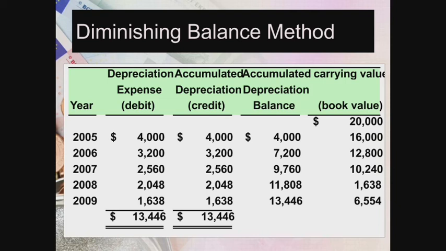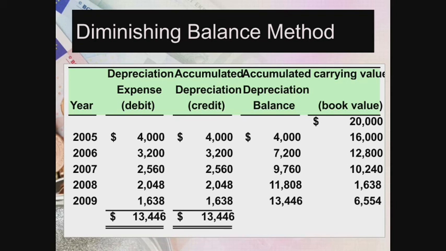When 7,200 is deducted from the cost of an asset, it gave us $12,800. So our carrying value at the end of the second year is 12,800.